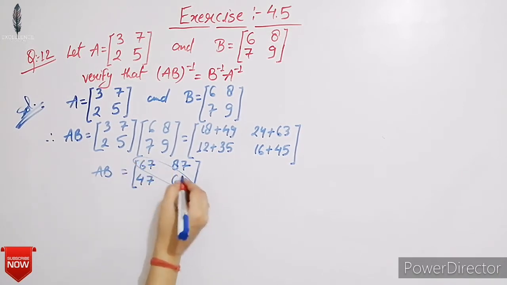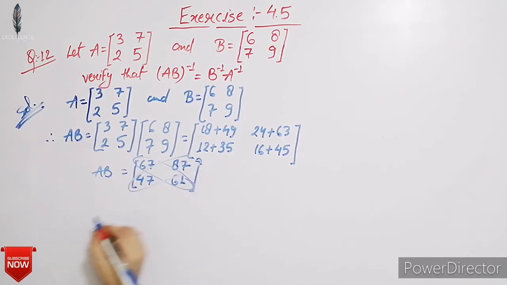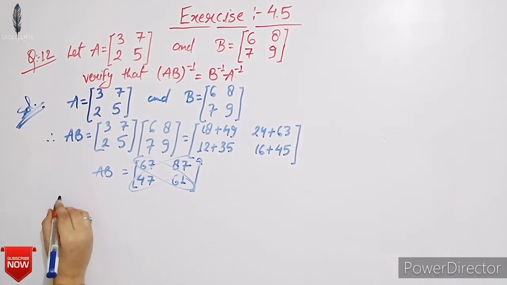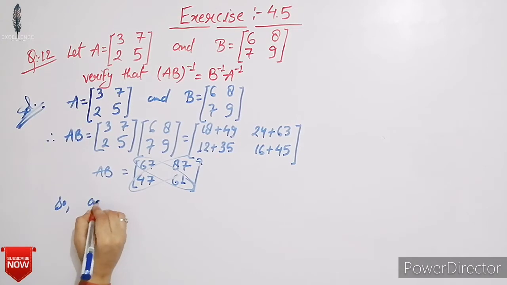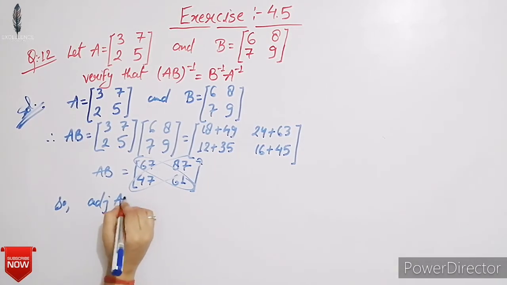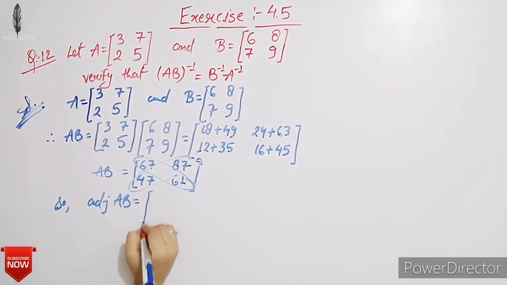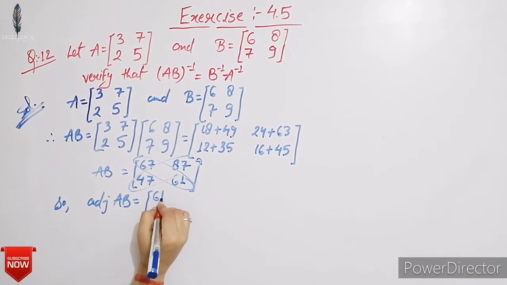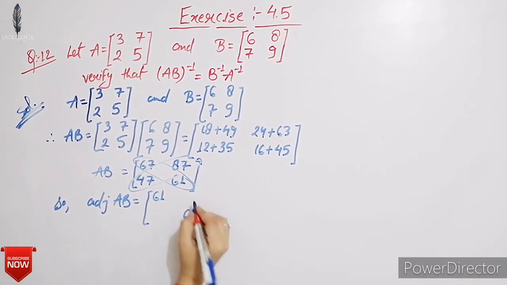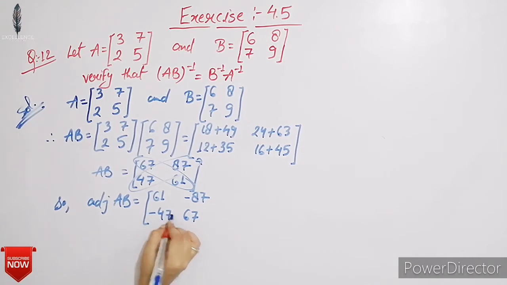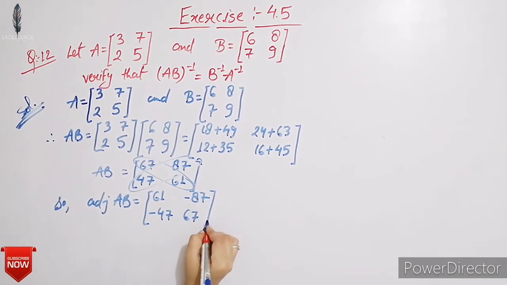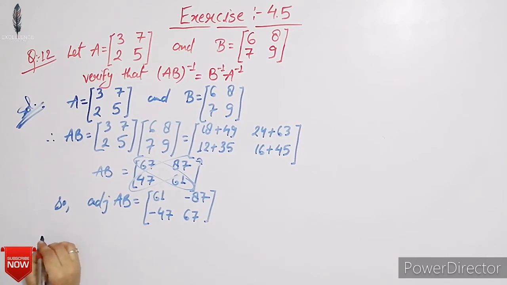And we have to find its adjoint. So the adjoint of AB is very simple using the trick: 61, 67, and with sign change, minus 87, minus 47.